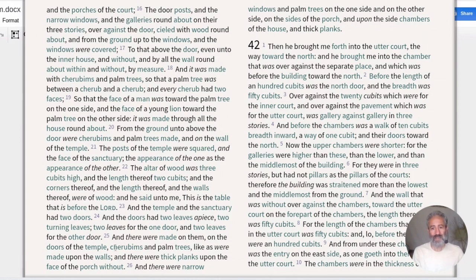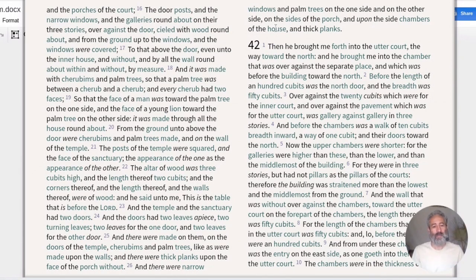And there were thick planks upon the face of the porch without, and there were narrow windows and palm trees on one side and the other side on the sides of the porch and the side of the chambers of the house, thick planks. So what we have is palm trees inside the porch, then we have cherubim and palm trees in the holy place, and we have cherubim and palm trees on the doors. Okay? Now, we'll explain a little bit later what the arrangement is in the holy place.